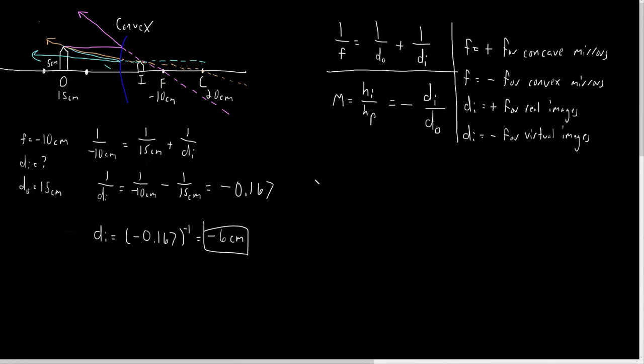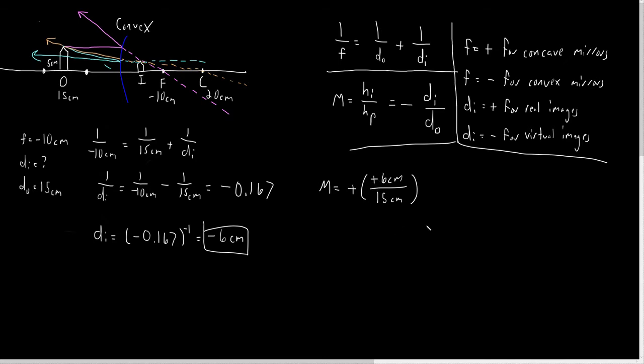So if we wanted to find the magnification of this mirror, we could go through and just plug in the numbers that we've already found. When we're working with the distances, it's going to be negative the image distance, which is -6. Let's even go -6 centimeters, over the object's distance, which we said was 15 centimeters.